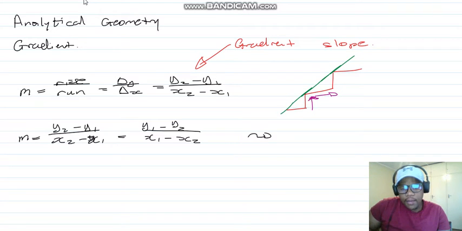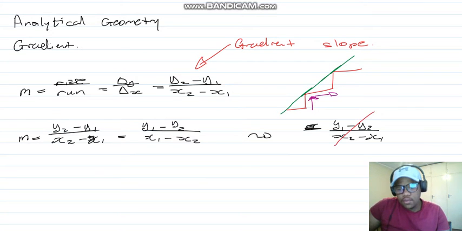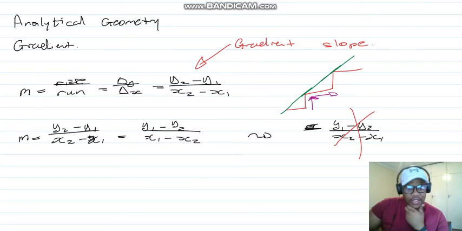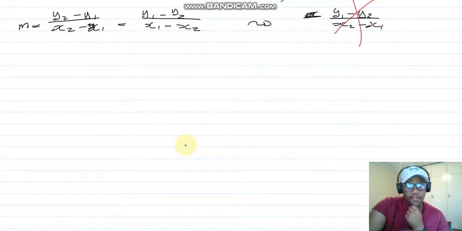You cannot say y1 minus y2 and then x2 minus x1. That would be incorrect. I would love to go into details of that slope idea, but this is just for exams, so let me not take you that far.